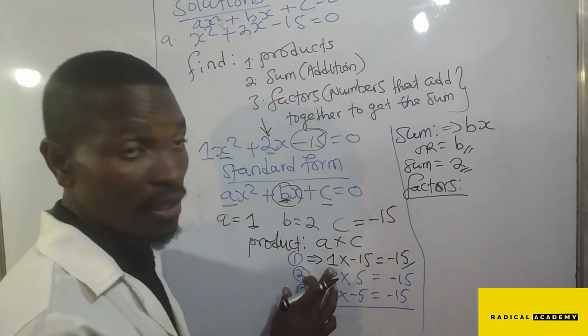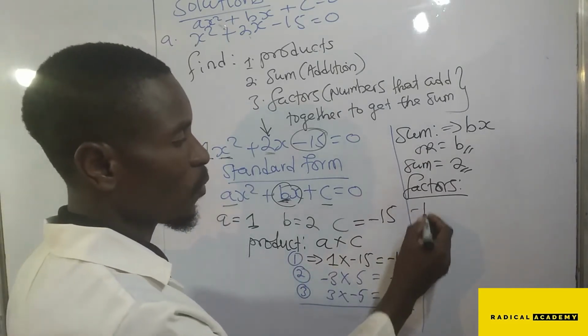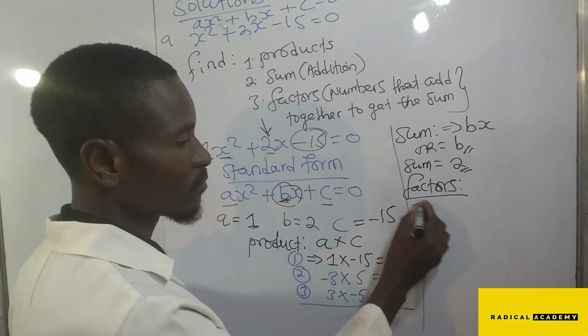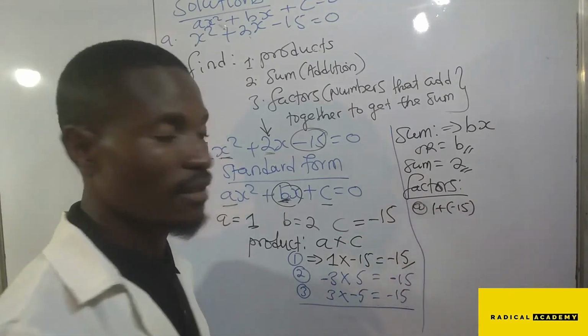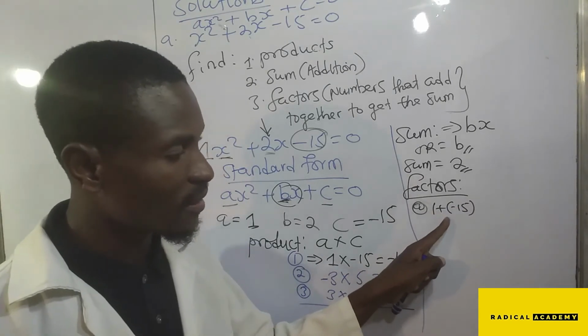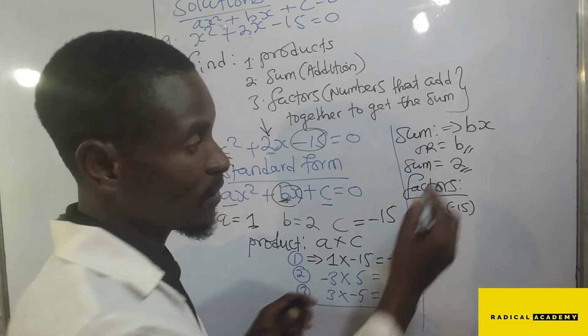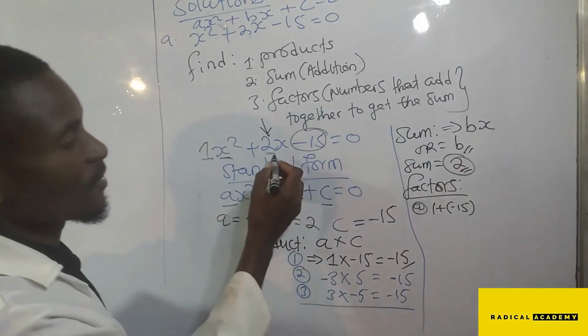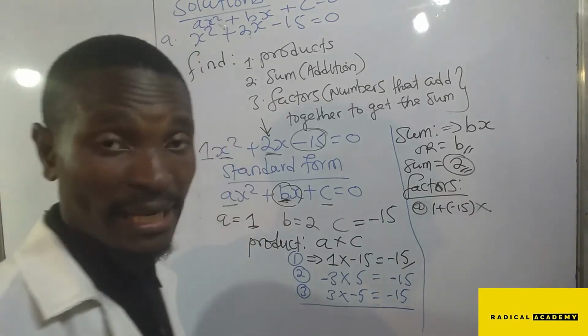So if you say 1 plus negative 15, we are not going to get this one. So this is not going to work.